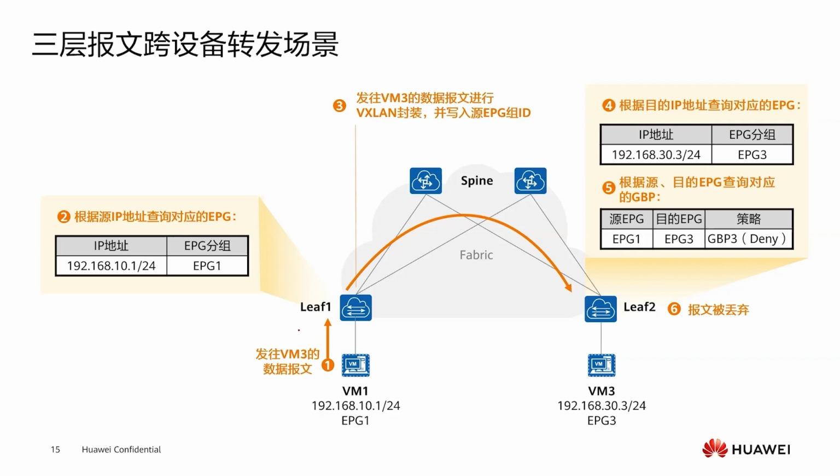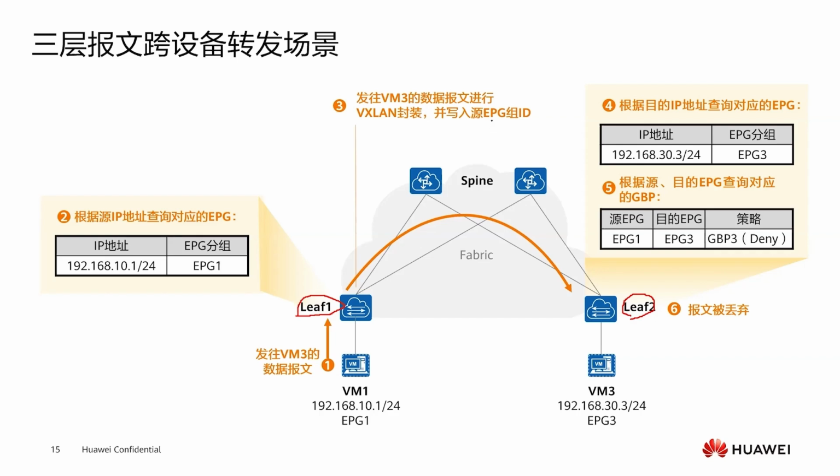So, let's look at the layer 3 forwarding scenario. It's across devices from this ingress VTEP to our egress VTEP, in between, how it transfers. Let's look, starting with the first. VM1 sends the packet to leaf 1, and leaf 1 will locally check its associated EPG to see which EPG group the source belongs to, then sends a VXLAN encapsulation, and also includes the source EPG ID, written into the VXLAN packet.